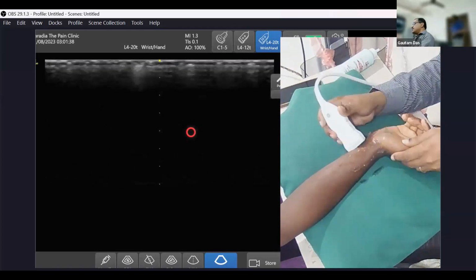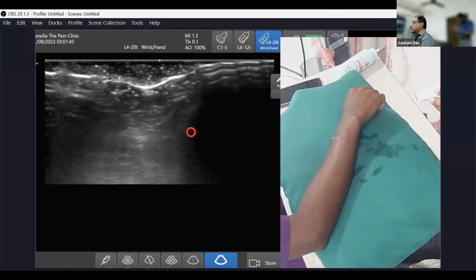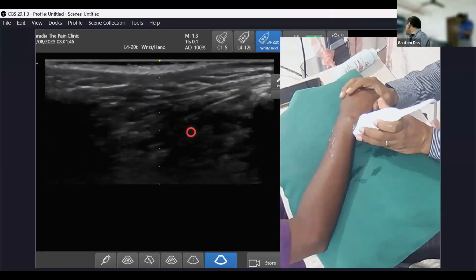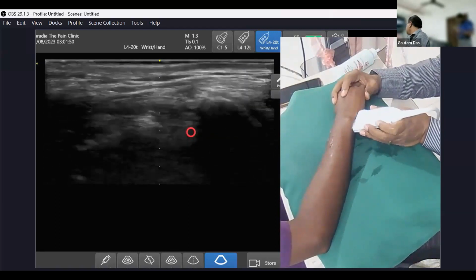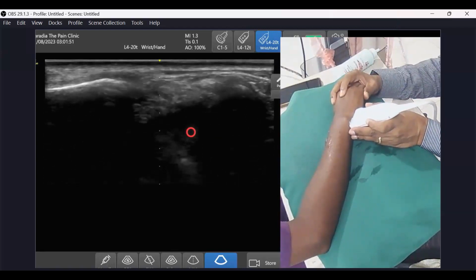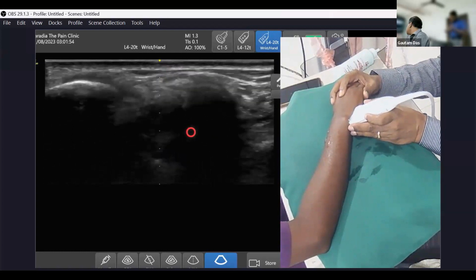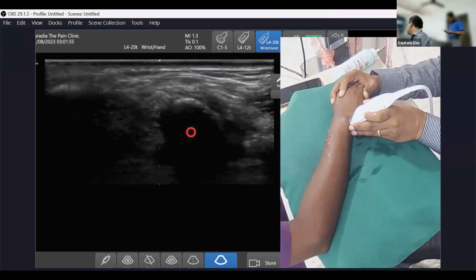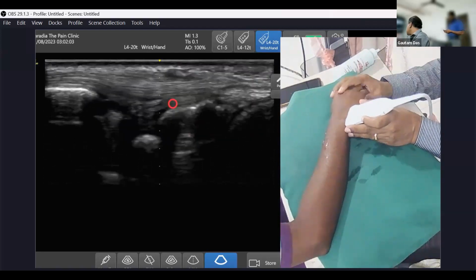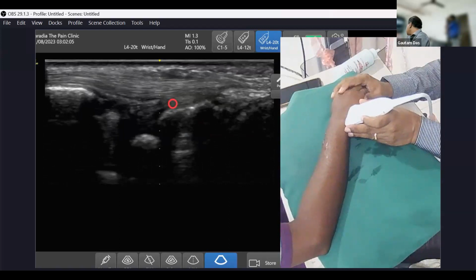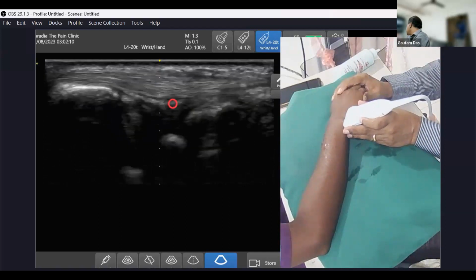Now the TFCC, I'll be holding the probe like this. The most superficial part was your tendon sheath of the extensor carpi ulnaris. You can see that extensor carpi ulnaris tendon very nicely. Just below that is the tendon sheath of the extensor carpi ulnaris, and after that, what you can see here.